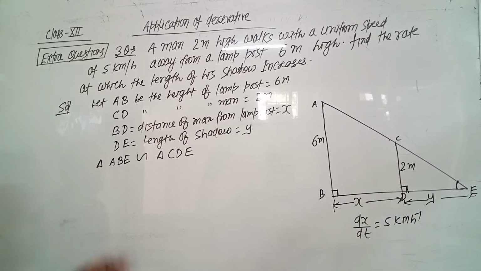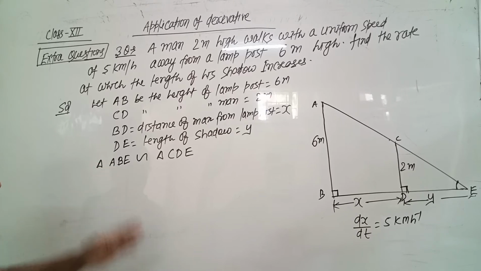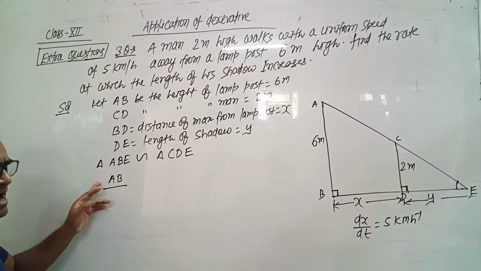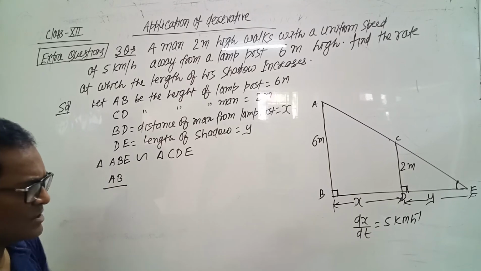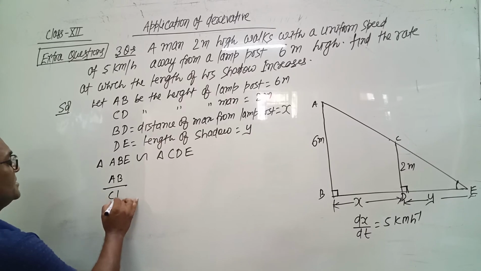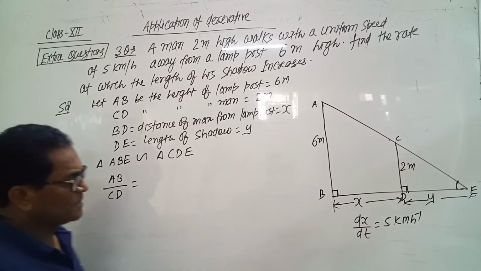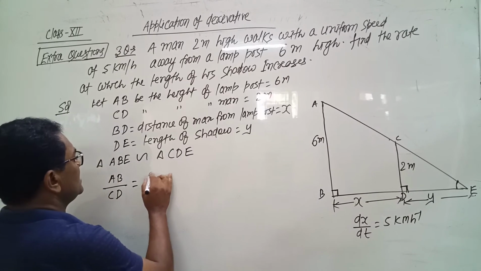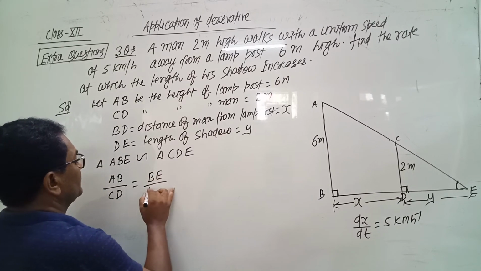So if two triangles are similar, then the ratio of their sides are equal. So the ratio of height of the lamppost to the height of the man CD equals BE upon DE.